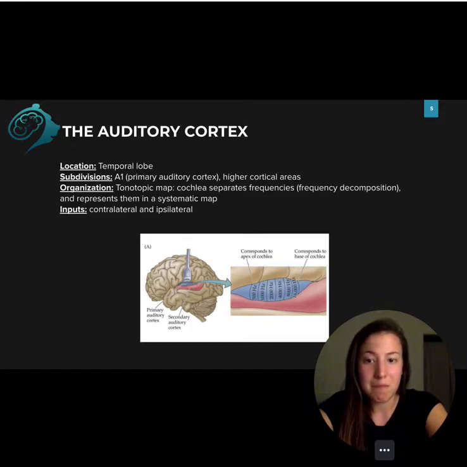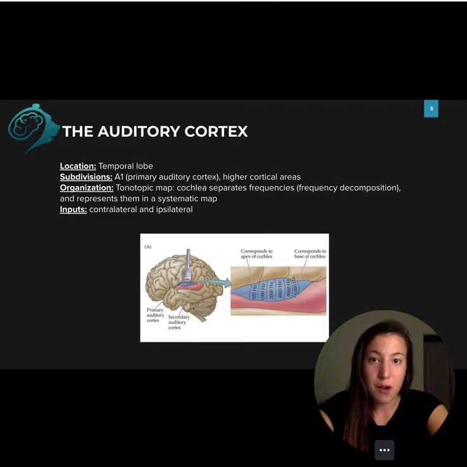according to frequency. A1 also has regions of neurons that encode for loudness, direction of a sound, ear specificity, rate of sound, etc. Higher auditory areas receive signals from the auditory cortex for deeper interpretation that is necessary for understanding language. The auditory cortex contains information from the contralateral ear as well as the ipsilateral ear.